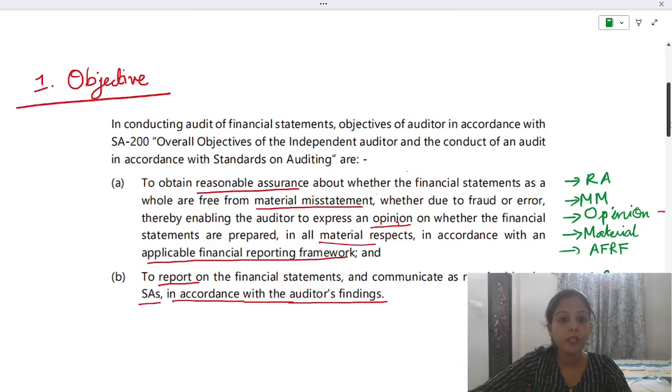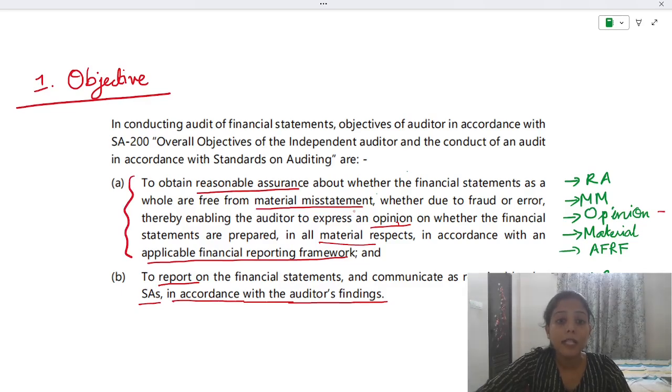To obtain reasonable assurance about whether the financial statements as a whole are free from material misstatement, whether due to fraud or error, thereby enabling an auditor to express an opinion on whether the financial statements are prepared in all material respects in accordance with an applicable financial reporting framework. We have already discussed this portion, but we have to discuss a few points in more detail.